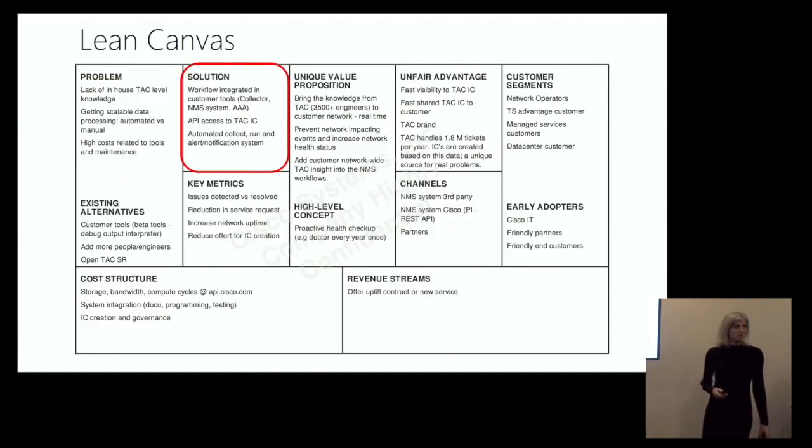Before we started to build, we did our homework yet again and did some customer problem solution interviews with some customers. And from that, there were three main things they wanted to see in the solution that we were thinking of. Firstly, the solution had to be integrated in the workflow, meaning that they didn't want yet another dashboard to consult.